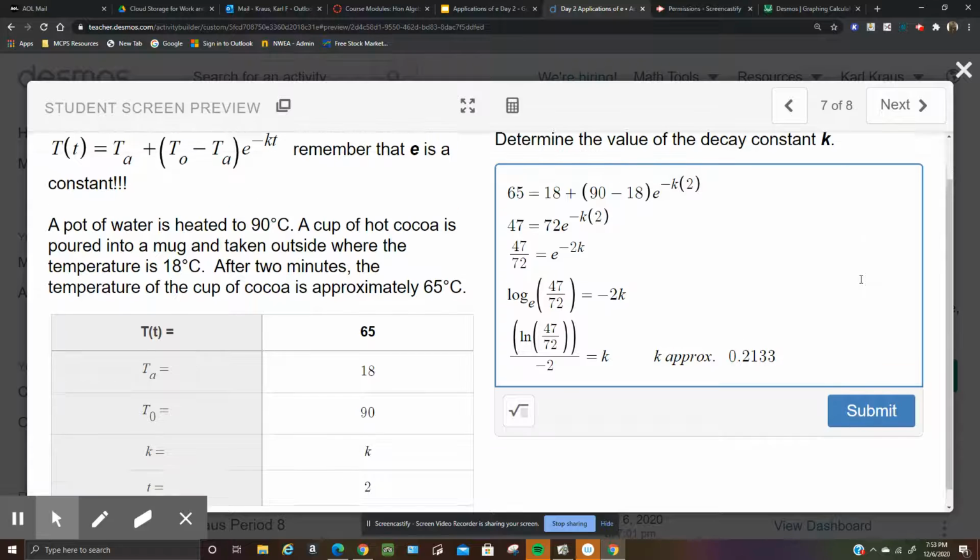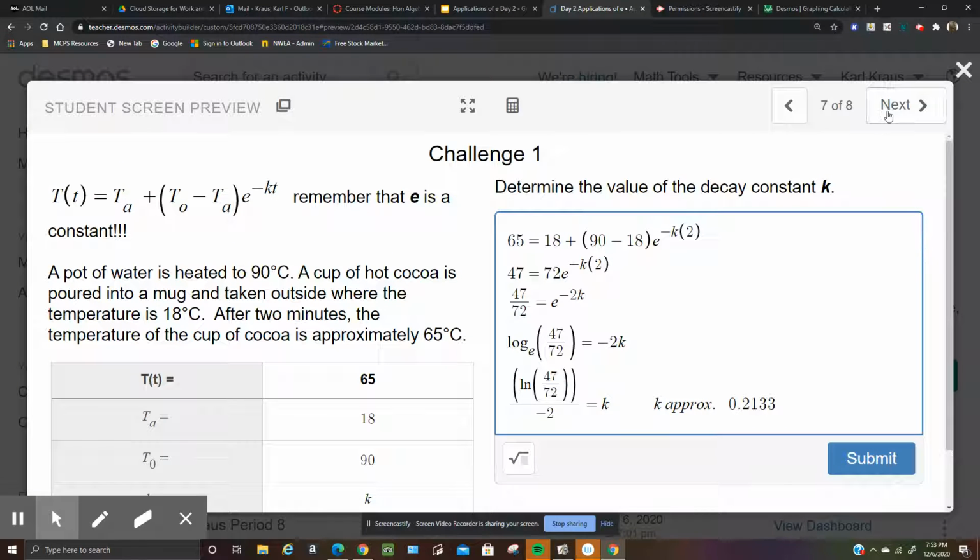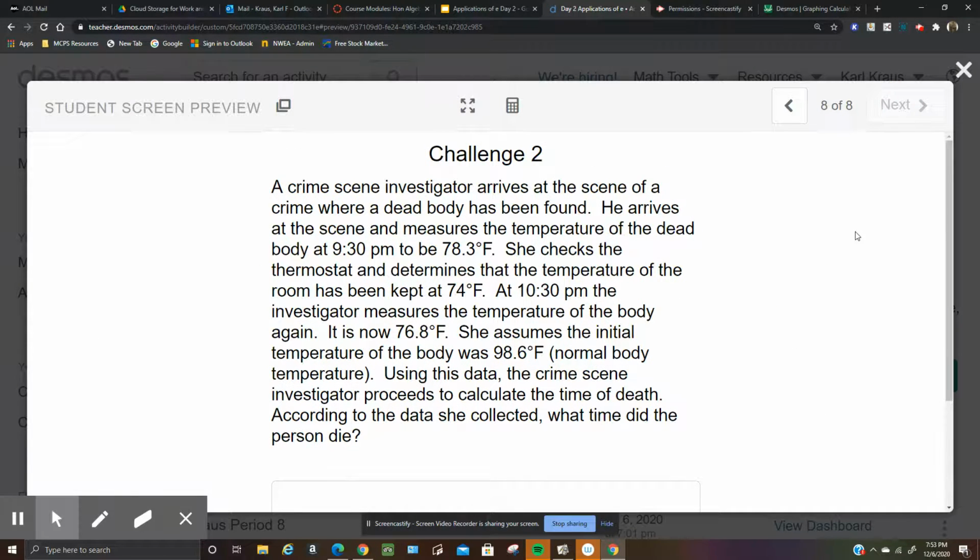That's one of the challenge slides. And then the last slide. So, a crime scene investigator arrives at the scene of a crime. A dead body has been found. He arrives at the scene, measures the temperature of the dead body at 9:30 to be 78. She checks the thermostat, determines the temperature of the room is 74.